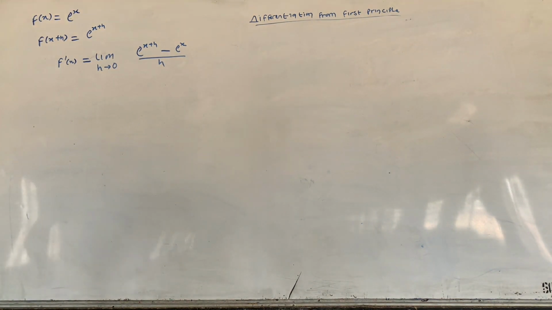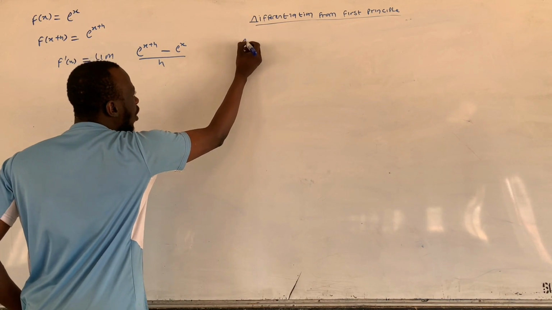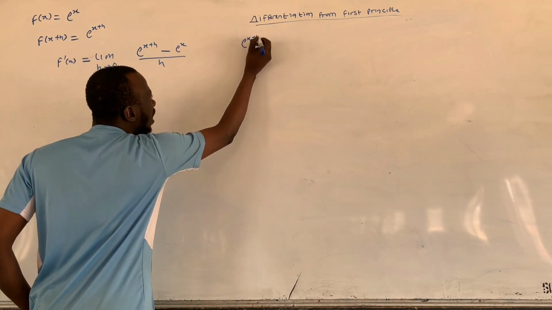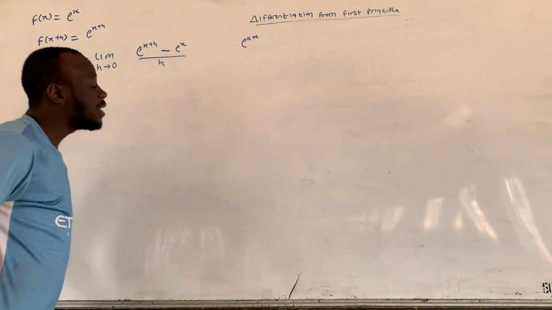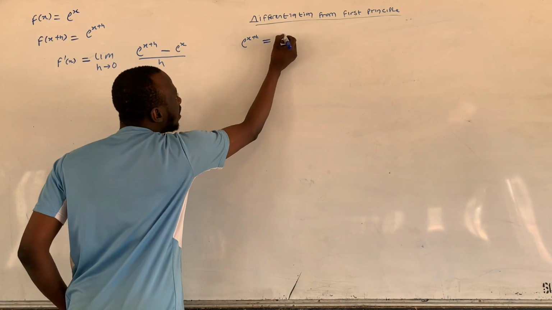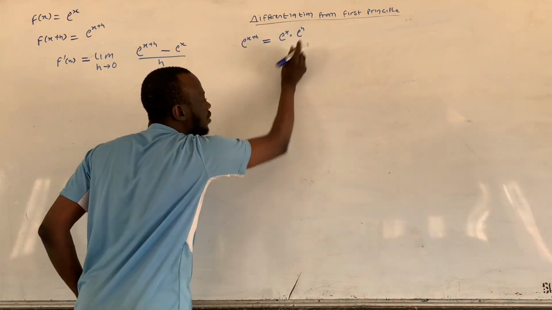Now remember that e to the power of x plus h, following the first law of indices, the multiplication rule, is e to the power of x times e to the power of h.